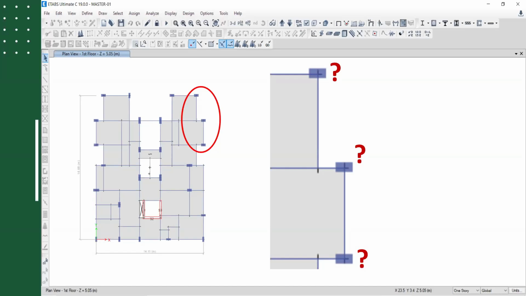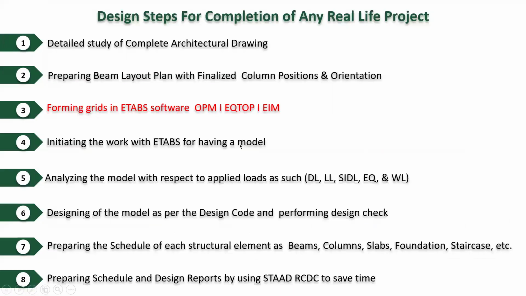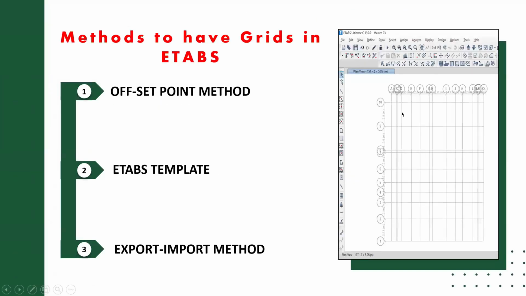After the successful preparation of a structural framing plan, the next step is to have the grid lines over the structural framing plan, and these grid lines we have to draw in the ETABS software also. Then only can you start the work in ETABS. And to draw the grid lines in ETABS, we actually have three options, three methods: one is the offset point method, another is the ETABS template method, and the third is the export and import method.